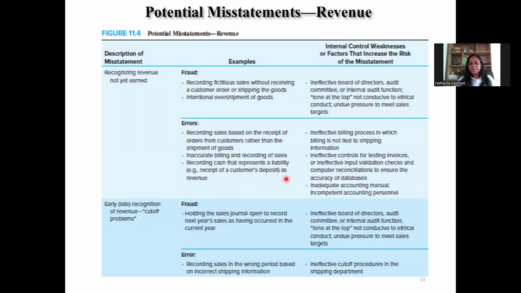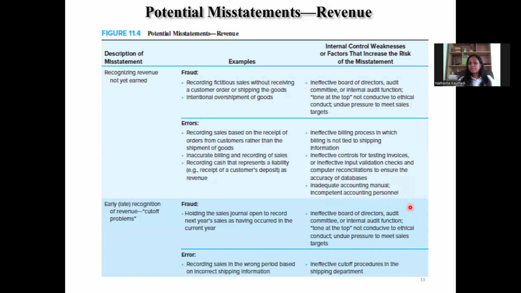Recording cash that represents a liability as revenue. Okay. So an ineffective billing process in which billing is not tied to shipping information. Those are the reasons. Ineffective controls for testing invoices, or ineffective input validation checks and computer reconciliations to ensure the accuracy of databases. Those are the issues. Or maybe an inadequate accounting manual, incompetent accounting personnel.